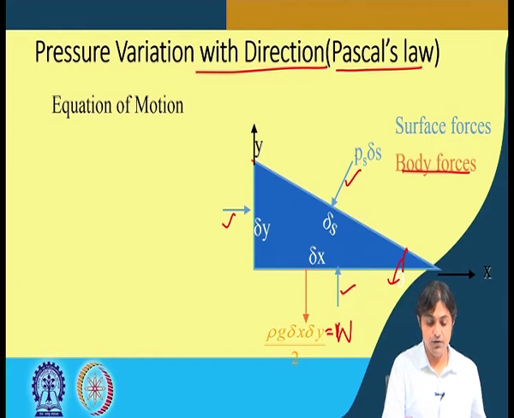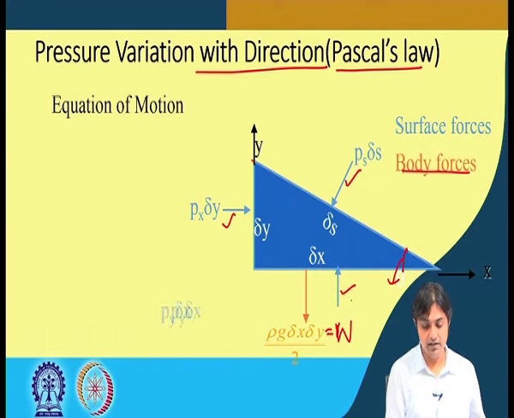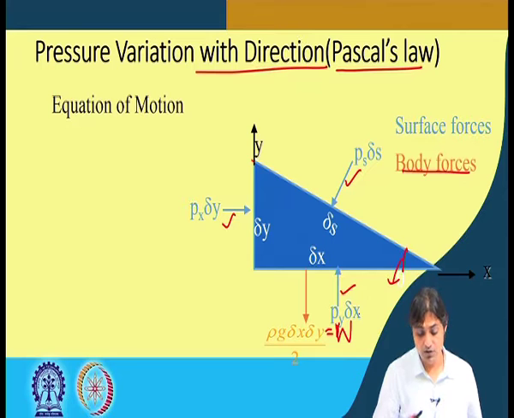If the pressure on this surface is Ps, it will be acting on this side in unit z direction, so it will be Ps into area, that is delta s into 1. Similarly, in x direction it is going to be Px multiplied by delta y into 1, and in this direction similarly it is going to be Py into delta x into 1, because we have assumed unit length in z direction.